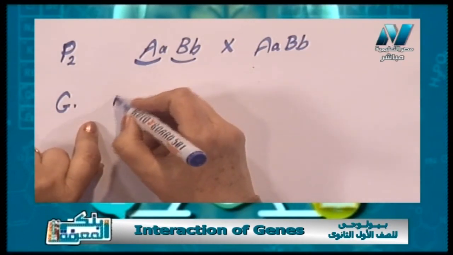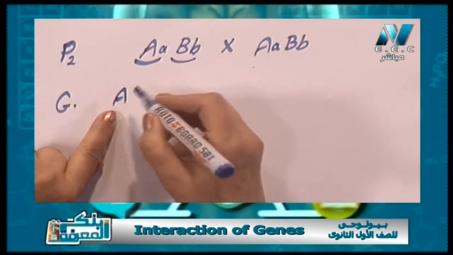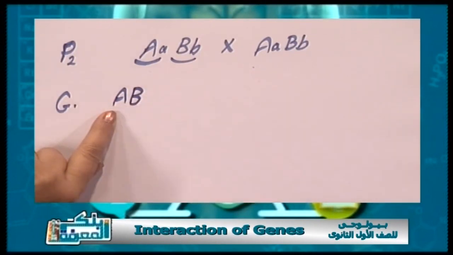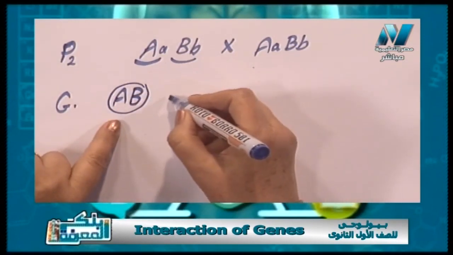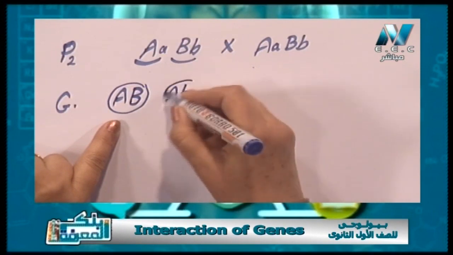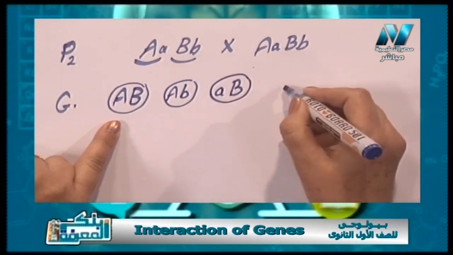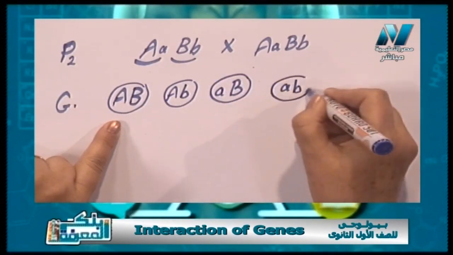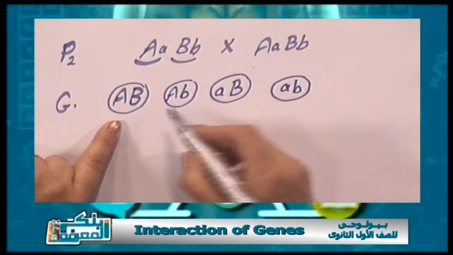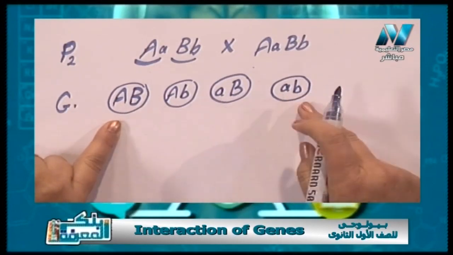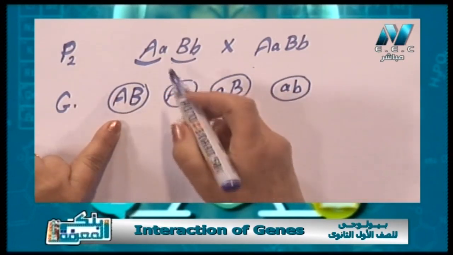So it could be the chromosome with the dominant gene A with the chromosome with the dominant gene B. So A capital with B capital, or A capital with B small, or A small with B capital, or A small with B small. As I say, or, not and, because we put the types of gametes, the probability of the gametes, not the number of gametes. And these are the gametes of the first individual.